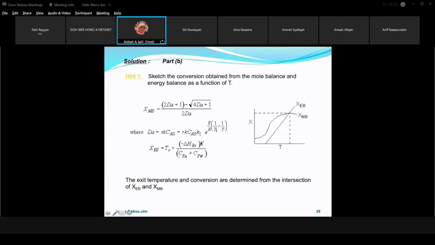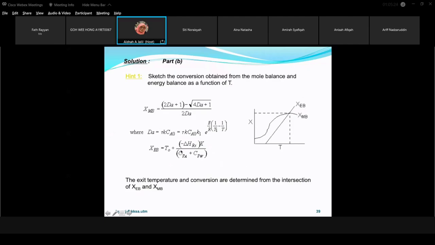This is the sketch, part B. When you want X and T, you have to sketch both XEB and XMB. The XEB is this one, and the XMB is like this.